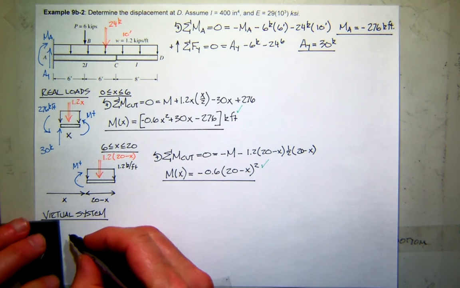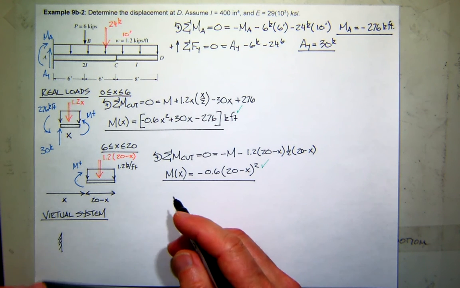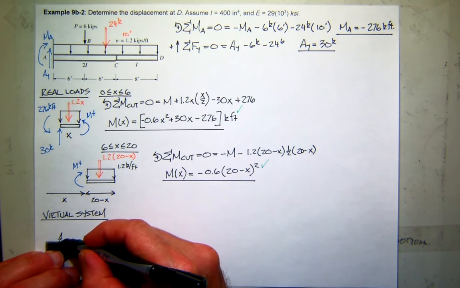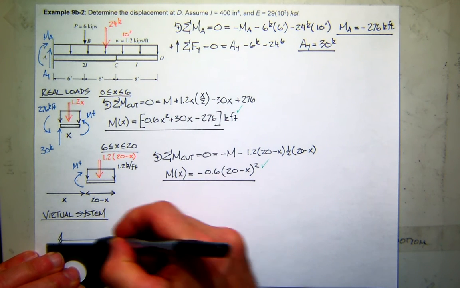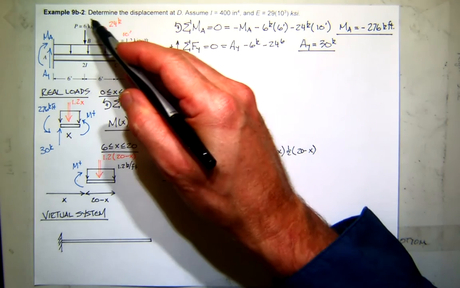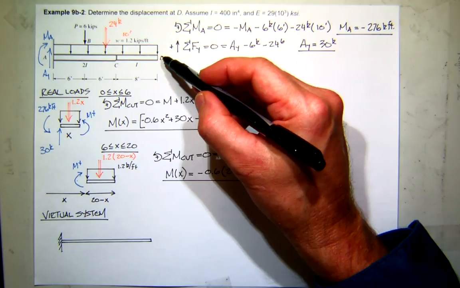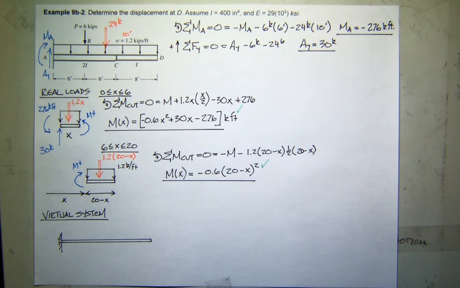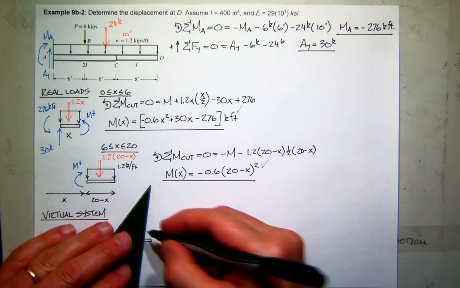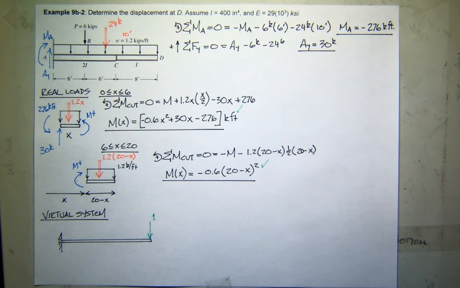Well, I have a fixed connection, and here's the geometry of my beam. Where does my virtual load go? Well, the problem says I want the displacement at D, so I put a virtual load at D. And I'm going to assume that that load acts down. So there's my problem.